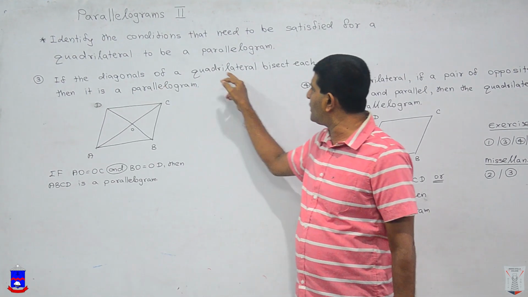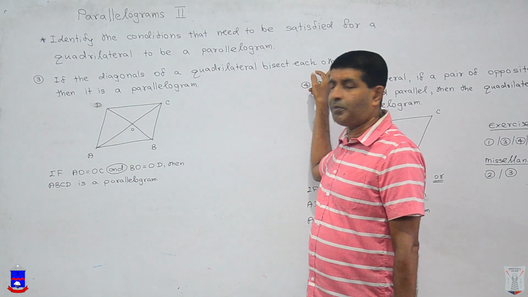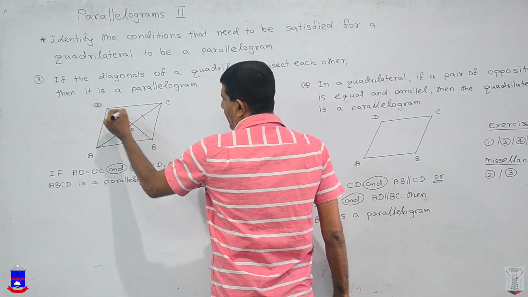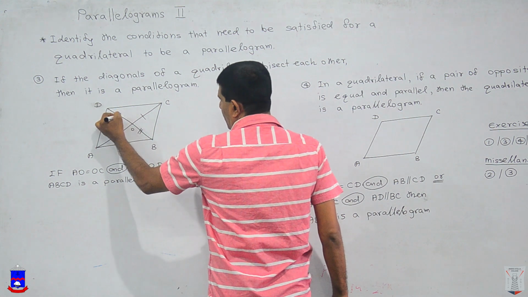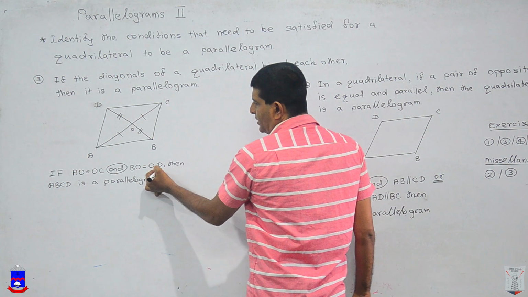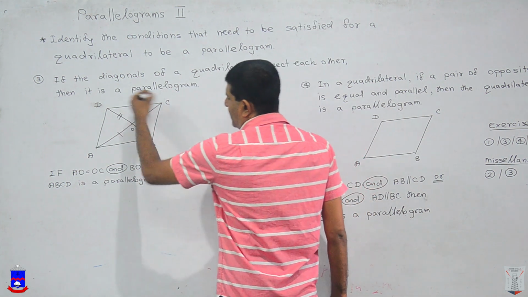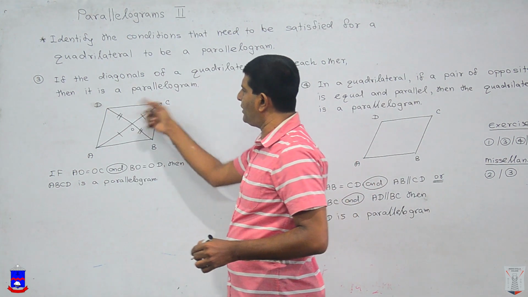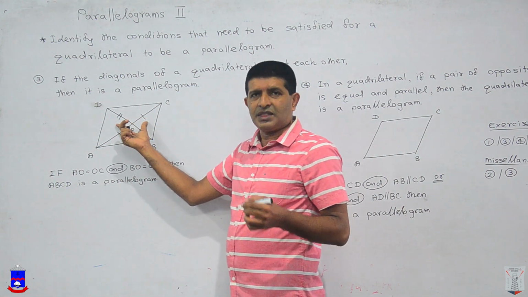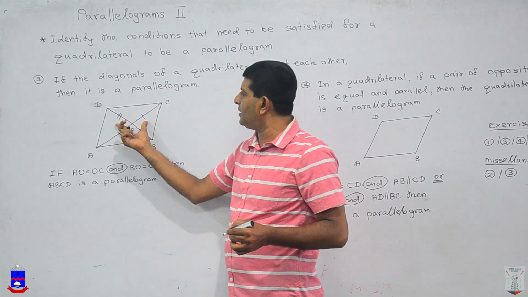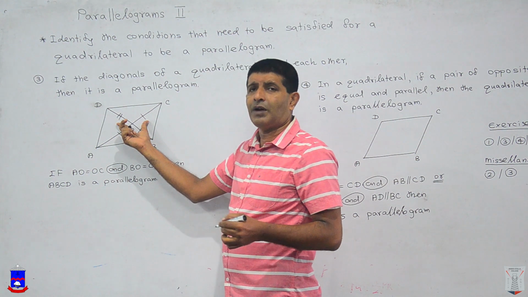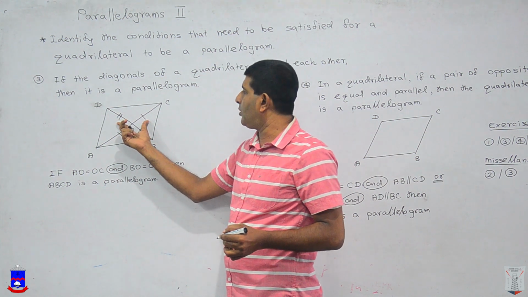If the diagonals of the quadrilateral bisect each other, meaning AO equals OC and BO equals OD, then this quadrilateral becomes a parallelogram. This is the third condition that should be satisfied for the quadrilateral to become a parallelogram.